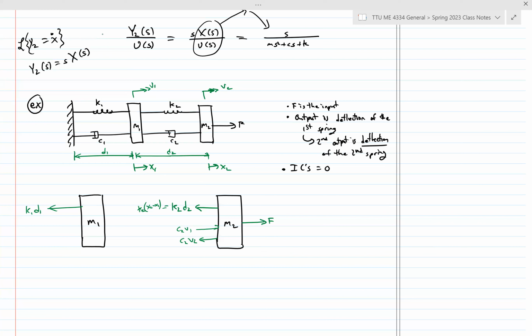So X1 and D1 are the same in this case. What else? C1 times V1 to the left. The net velocity, the wall doesn't matter, so it's just going to be V1. Any other forces that act on the system? K2 D2, equal and opposite forces.